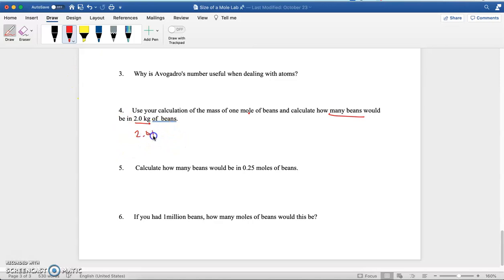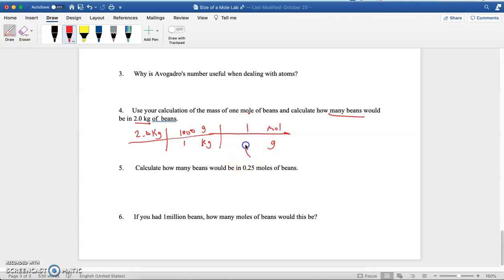So we take 2.0 kilograms. We write our ladder. We bring kilograms down. We want to go to grams first because our molar mass is in grams. Now the prefix gets the 1, kilo equals 1,000. Now I bring grams down and I go to moles. This is very similar to the step we'll do in the next couple days. The mole always gets the 1. How many grams are in 1 mole of beans?